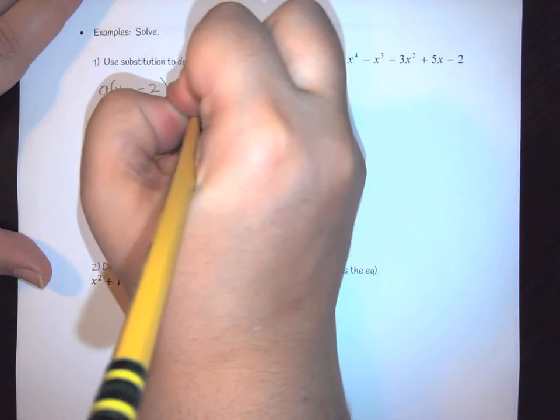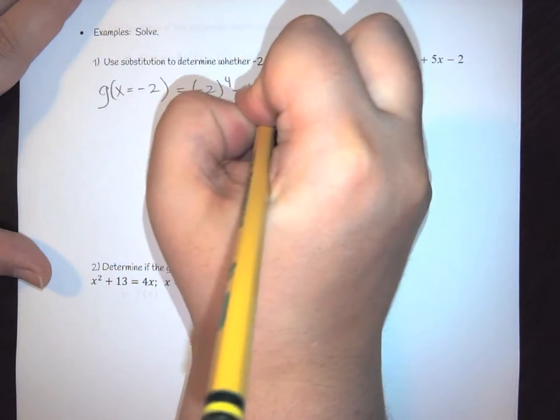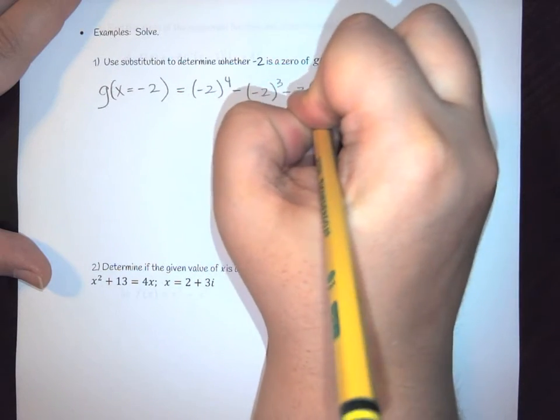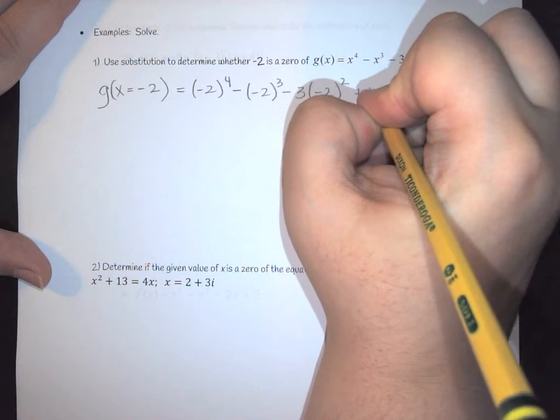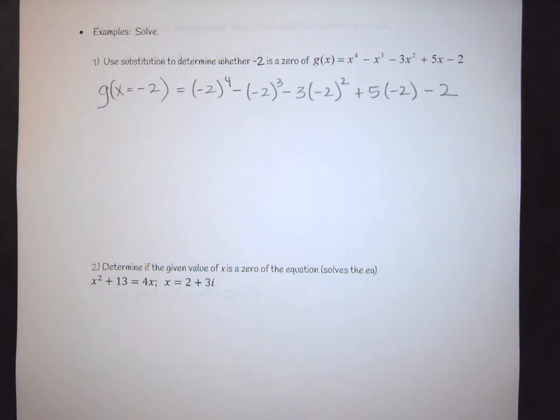Essentially, you would have -2 to the 4th minus -2 cubed minus 3 times my -2 squared plus 5 times the -2 minus 2. And you just simply would solve this down.